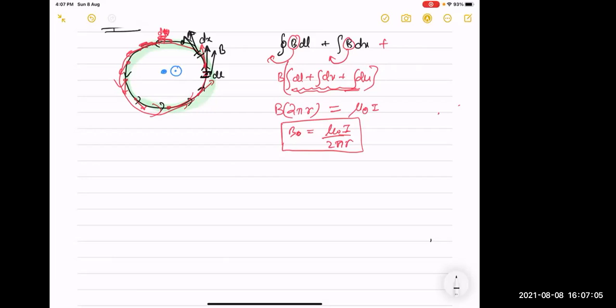Proportionately less current is passing, equal to the fraction of the area covered within the loop times the total current. I hope that's okay.